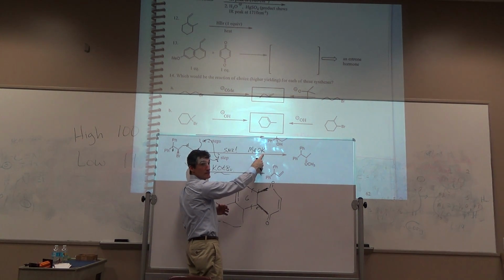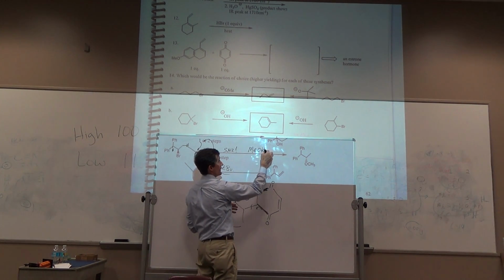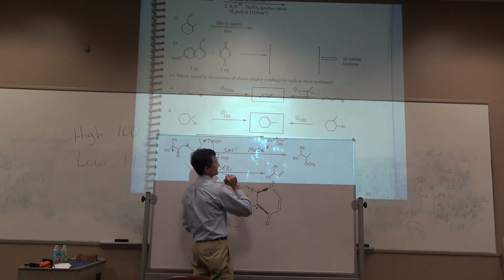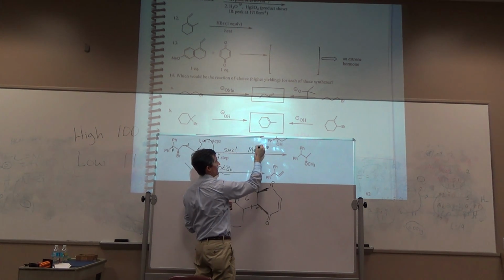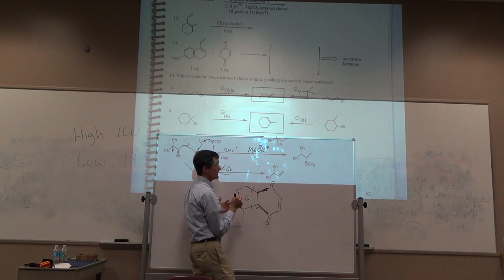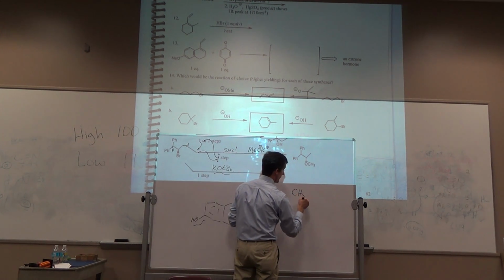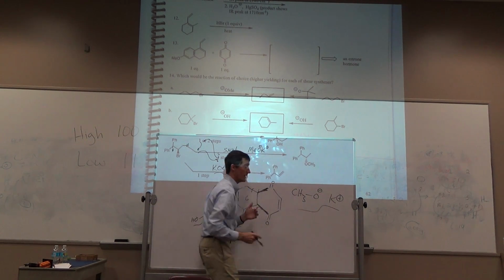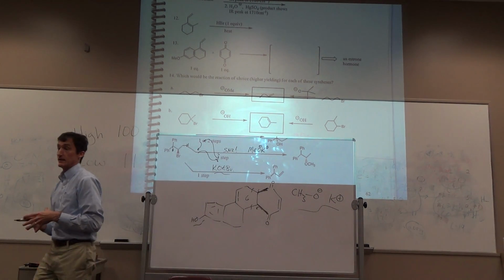That's potassium, right? And so this is ionic. What's the charge of potassium? Plus. So what's the minus? And then what's the Me? CH3. Yeah, that is CH3, O minus, potassium plus, however you want to show it.